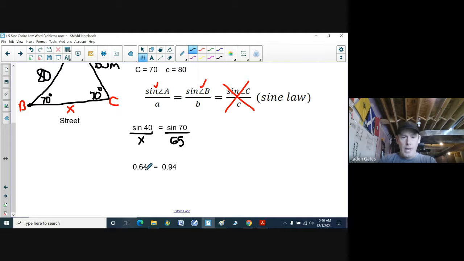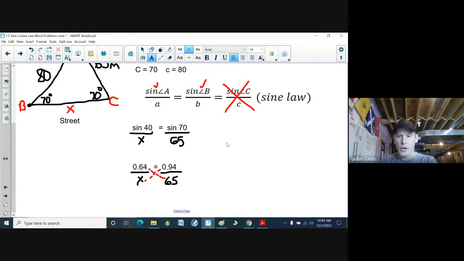All right. Now, again, the denominators there are x, and the other denominator is 65. Well, we've had this many times already in this course. We have a fraction equaling a fraction. So I'm going to cross multiply.